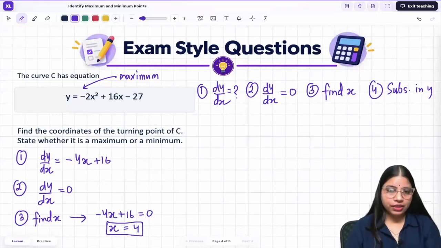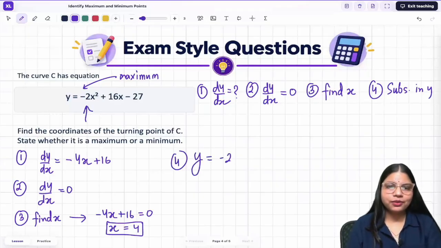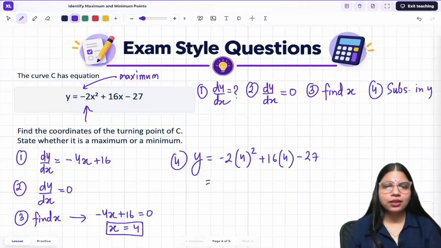Once you get the value of x as 4, the last step is to substitute. So y equals -2 times 4 squared plus 16 times 4 minus 27, correct? Take your calculator out and calculate. A few are saying, oh, I don't need a calculator.